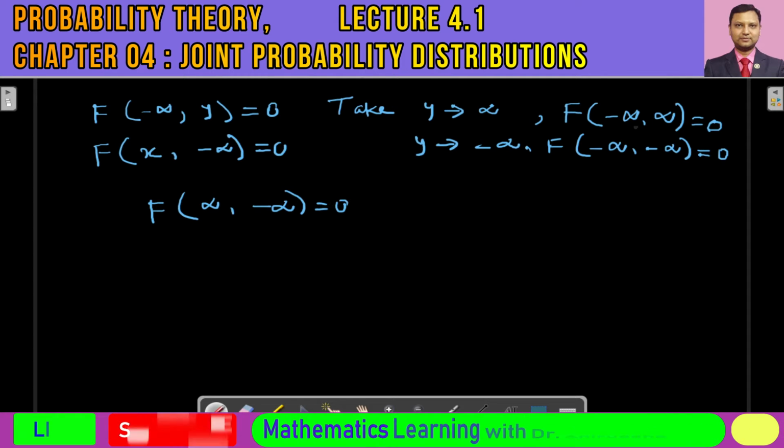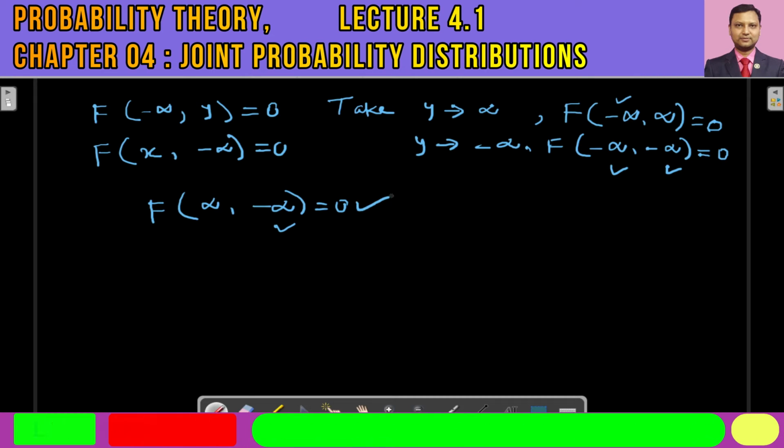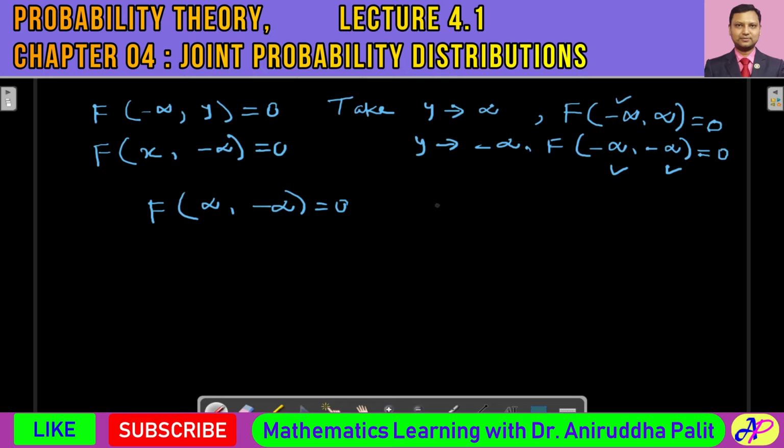So you see, out of these results, if at least one component of x or y becomes equal to minus infinity, the value of this distribution function is equal to 0.